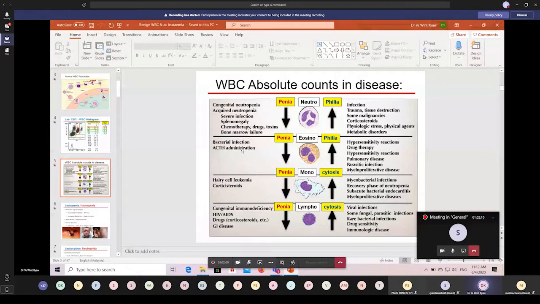Pneumonia caused by bacteria. Neutropenia: when the neutrophil count is reduced. Here, genetic causes, but severe infection can also cause reduced neutrophil count. And splenomegaly. Why is splenomegaly associated with neutropenia? Can anyone explain to me why splenomegaly has a relationship with neutropenia? Why does splenomegaly cause neutropenia?